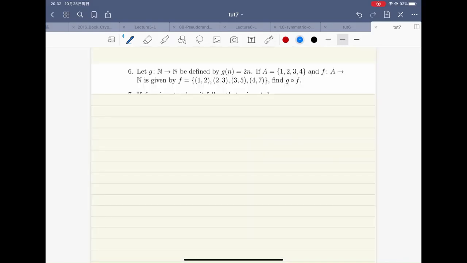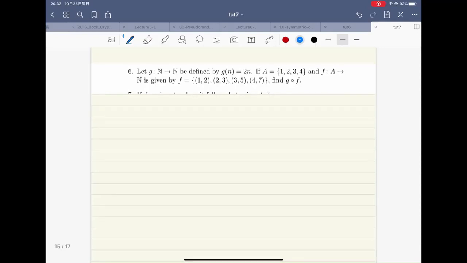Let's move on to question 6. Let g map from natural numbers to natural numbers be defined by g(n) equals 2n. If the set A equals the set that has the elements 1, 2, 3, 4, and f maps from A to the natural numbers, given by f equals the 4 ordered pairs (1, 2), (2, 3), (3, 5), and (4, 7).